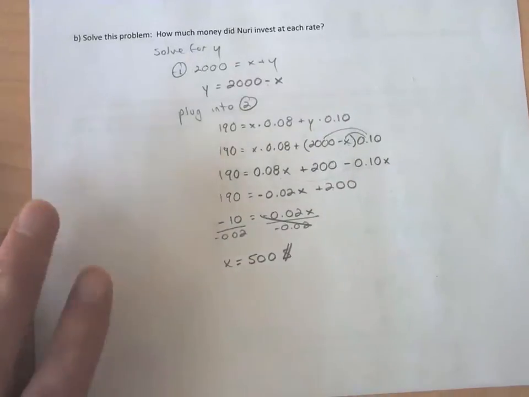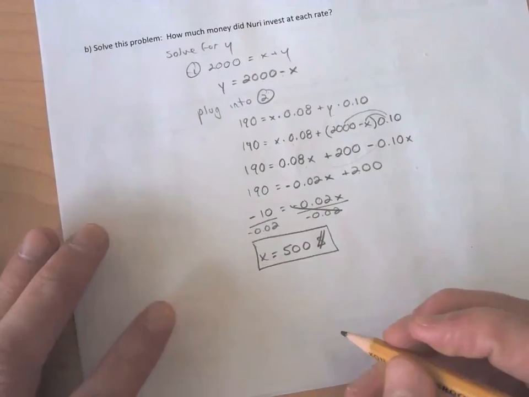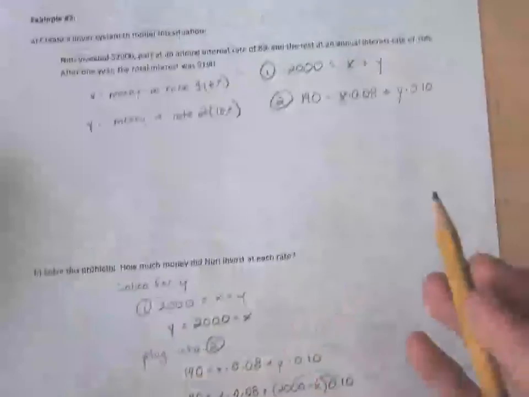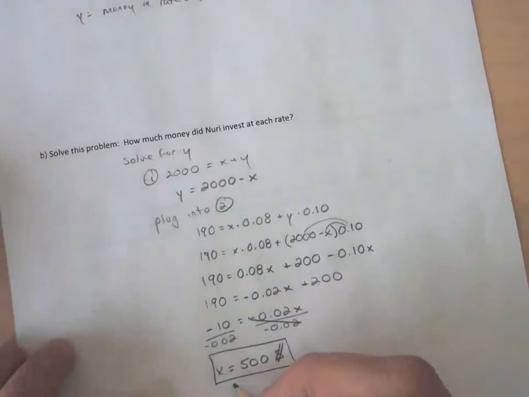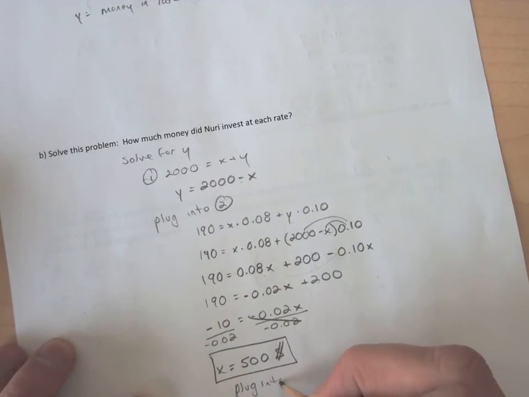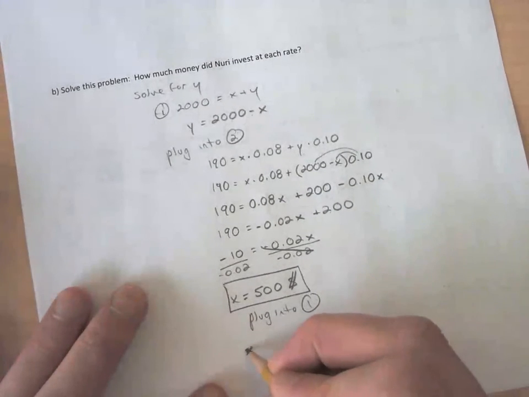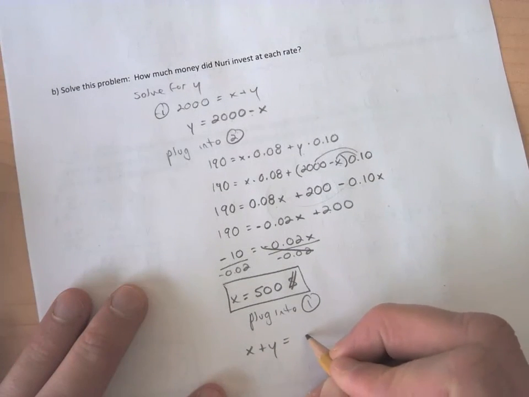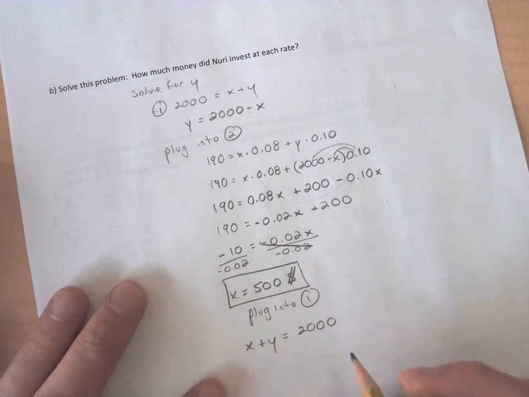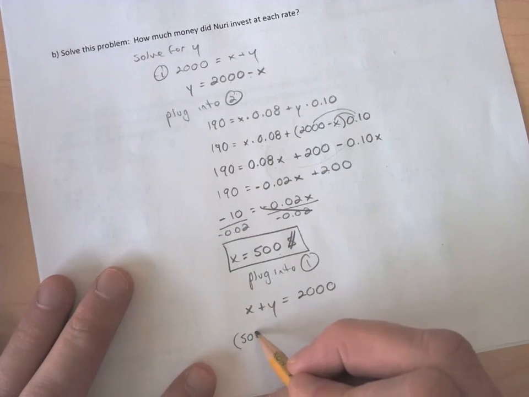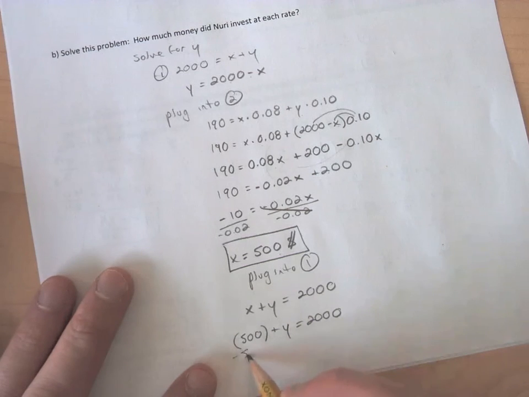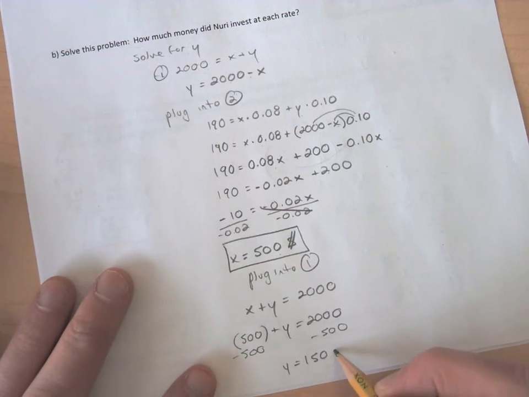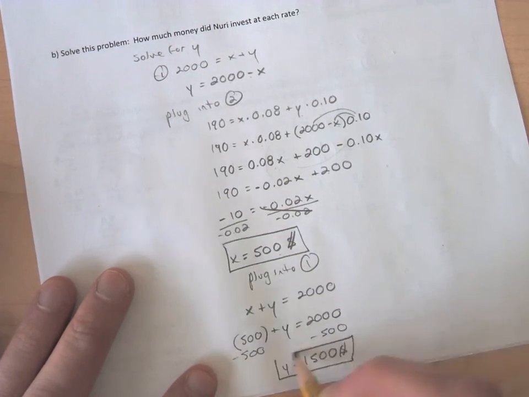To find y, we plug that back into either equation. This one's easier, so plug into 1: x plus y equals 2,000. Our x is 500, so we minus 500 from both sides, and y is $1,500.